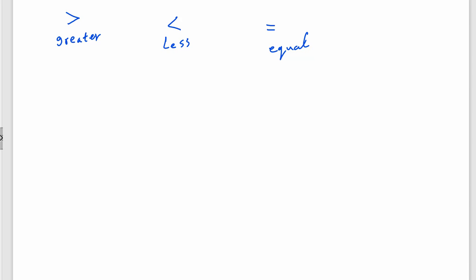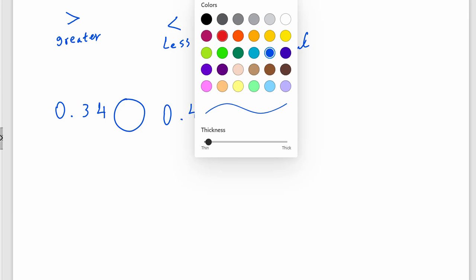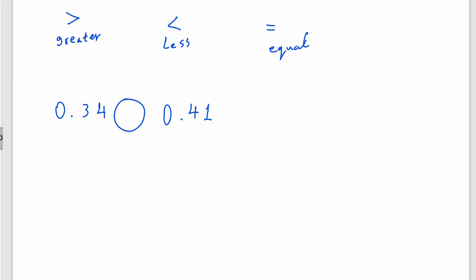Okay, let's see if we have a decimal like 0.34 and another decimal 0.41. In this case, the first step, we check the whole. As you can see, the whole here is the same.